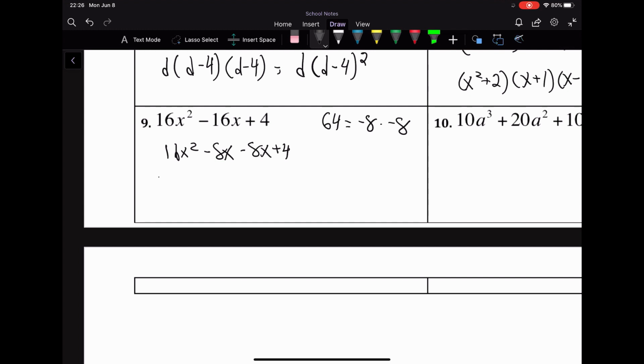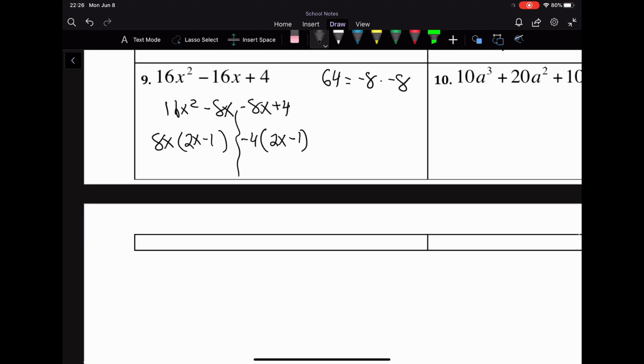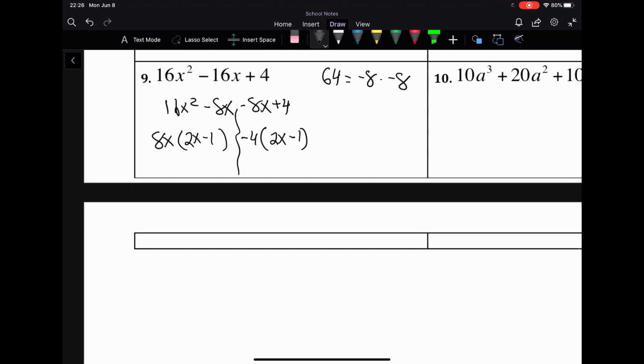For this one, we could pull out an 8x, and we'll be left with 2x minus 1. Over here, we'll take out negative 4. And so now we'll have 2x minus 1 here as well. And so we have 8x minus 4 times 2x minus 1 as our final answer.